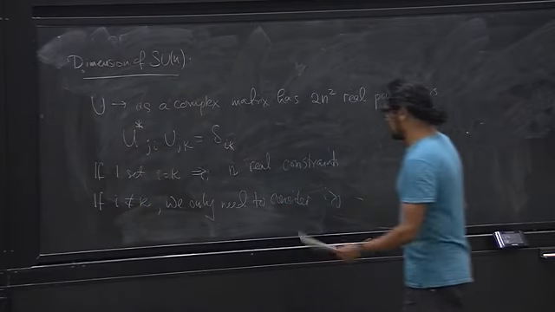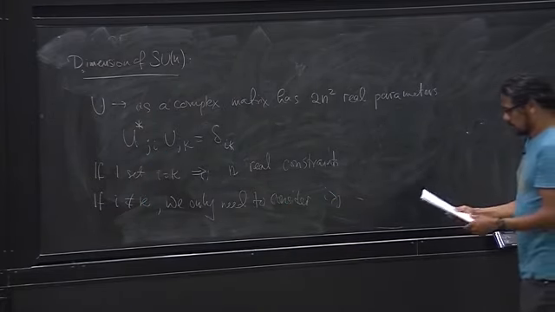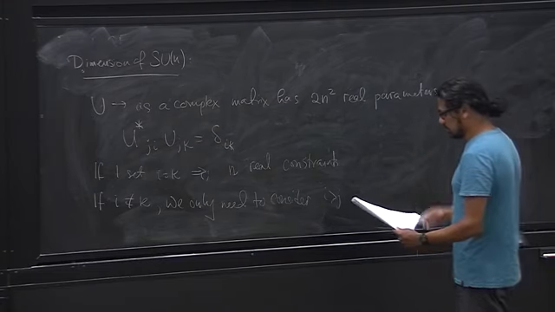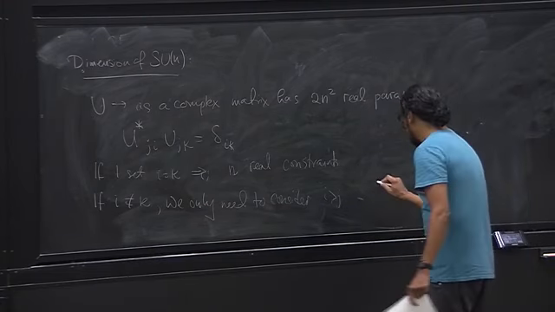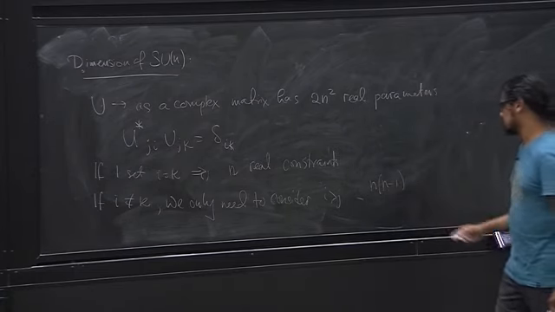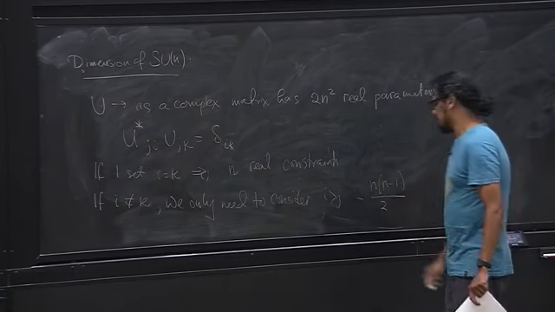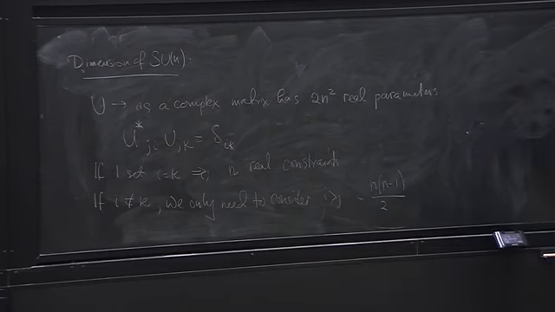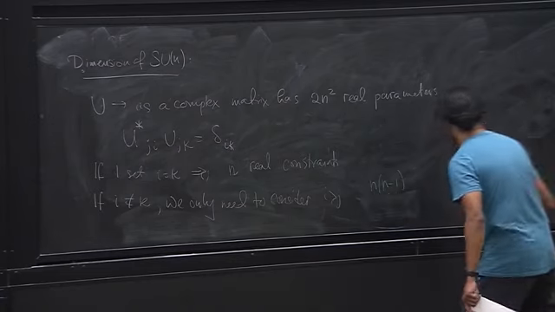How many components are there? There are n times n minus 1 over 2 complex entries, and so the real number of parameters will be 2 times that.